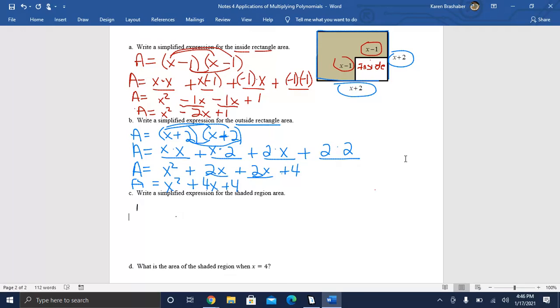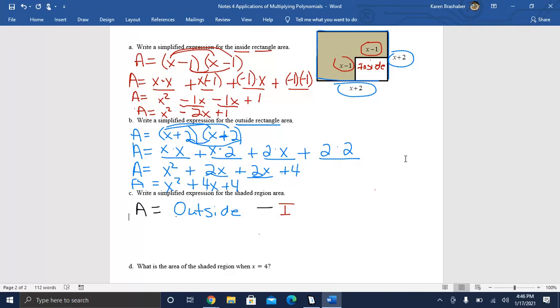So the area of the shaded region could be found by we need to cut out that little corner that is shown as the inside. So we need to take the outside rectangle area and subtract out of that the inside rectangle area.